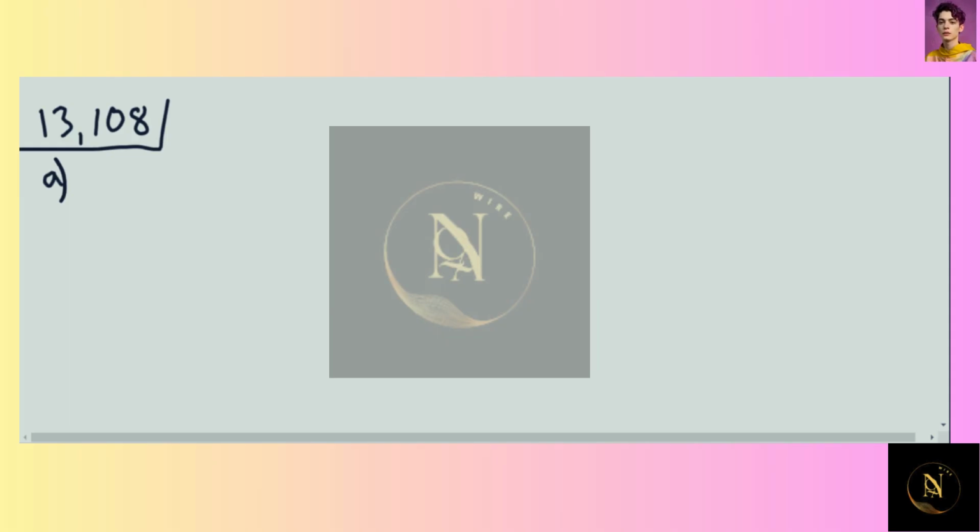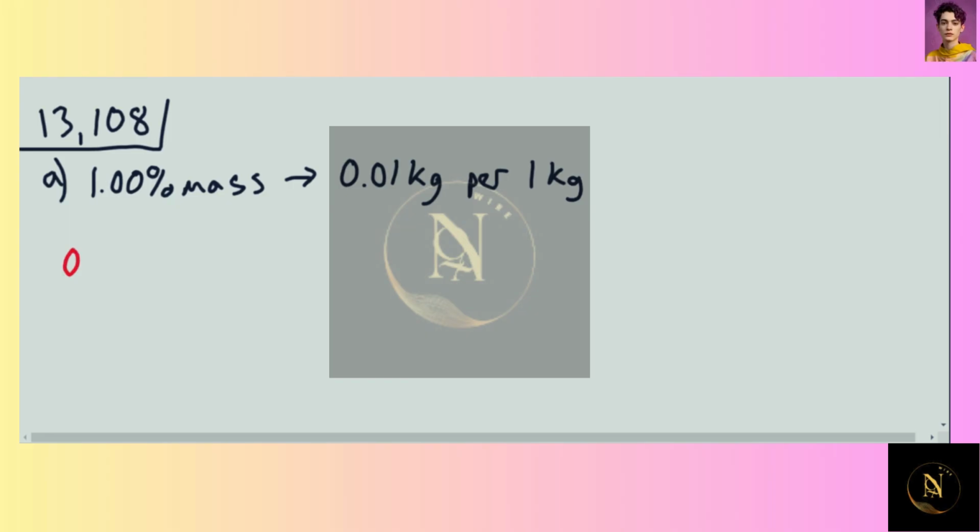So we're told we have 1% mass of sodium chloride. So if we have 1% mass, then that means we should have 0.01 kilograms per kilogram of solvent. So that tells us the amount of solute we have. So 0.01 kilograms is equal to 10 grams.